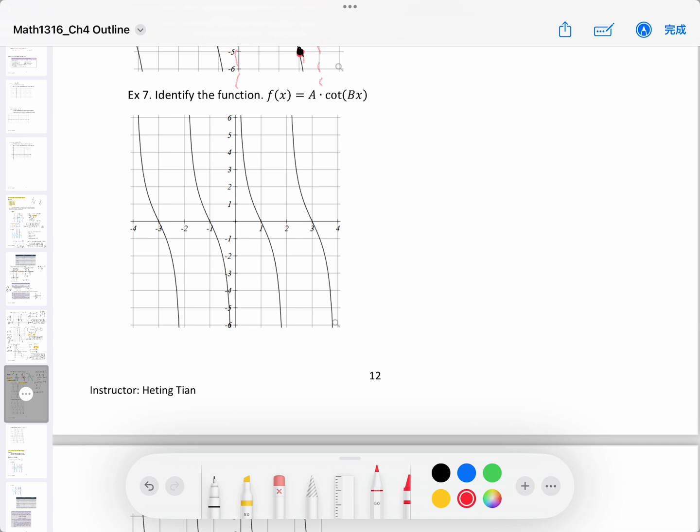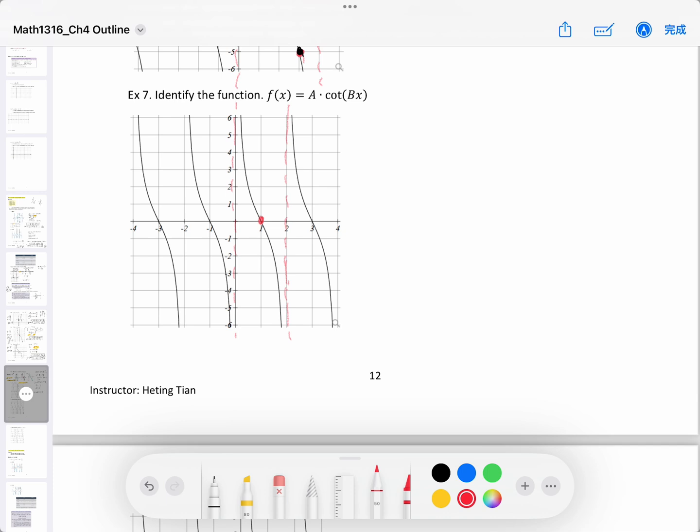Obviously, I can tell these two lines are my vertical asymptotes. And I can tell the center is at y is equal to 0. That means no vertical shifting.